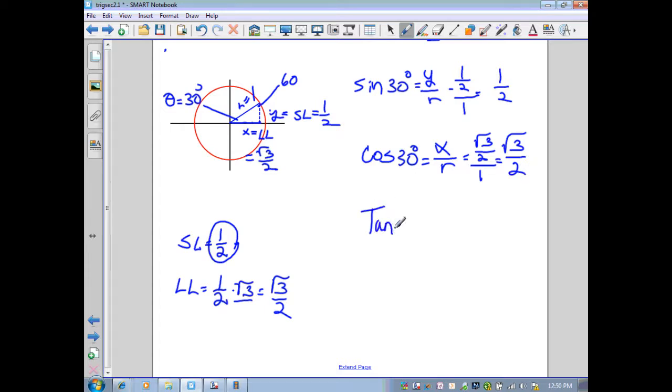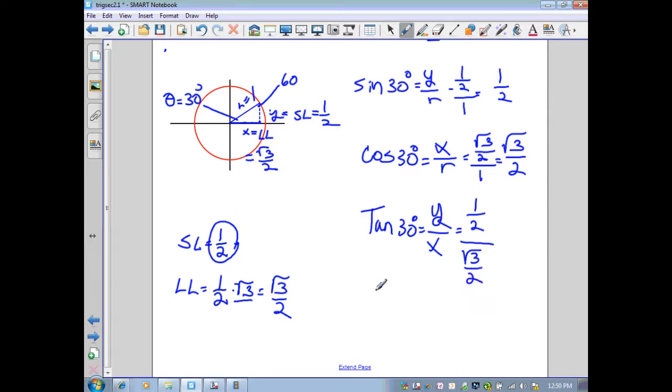Tangent theta, or 30 degrees in this situation, we recall is y over x. My y value is 1/2, which is my short leg, over my long leg, which is x. So that's going to be the square root of 3 over 2.